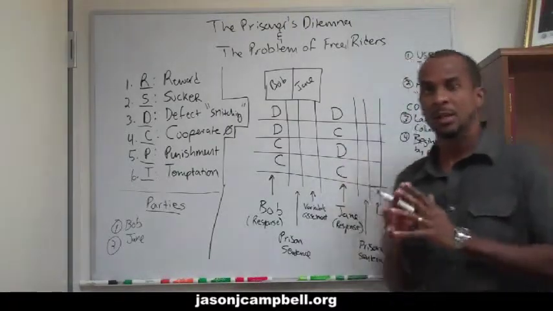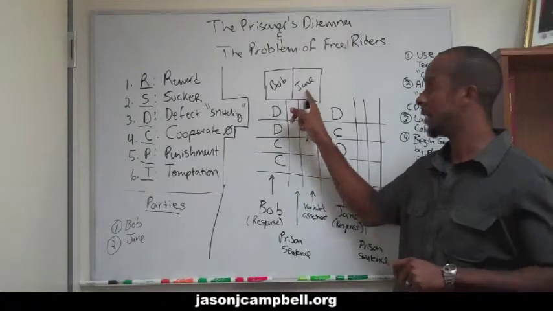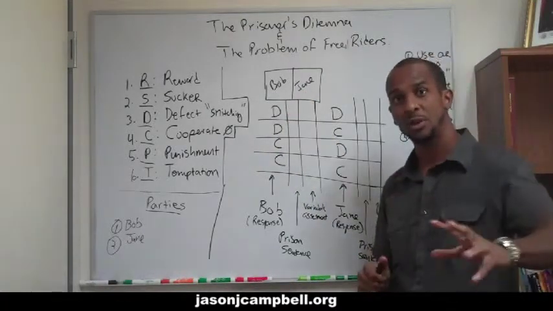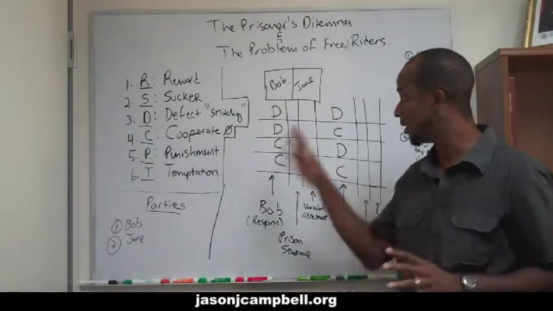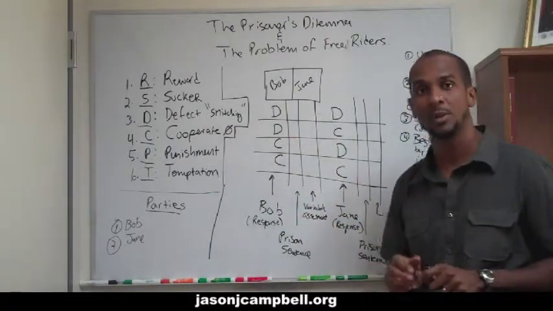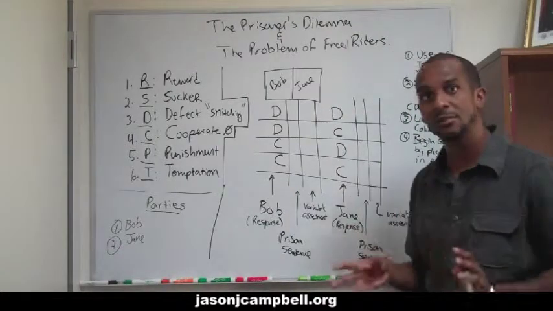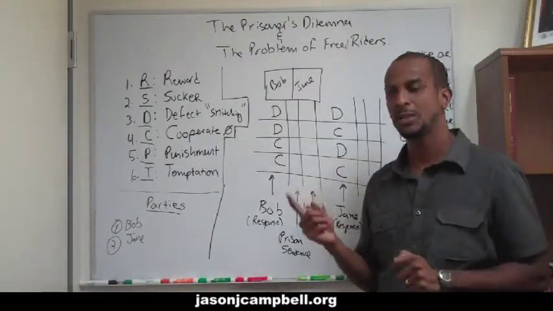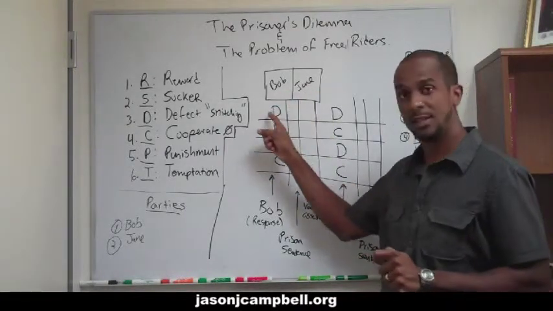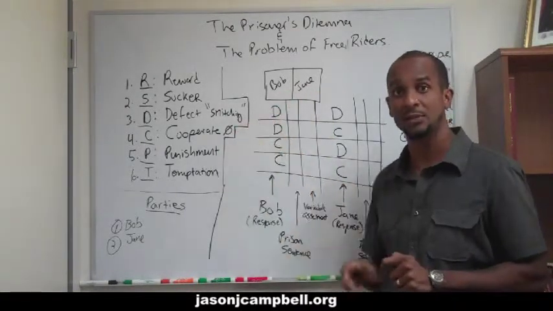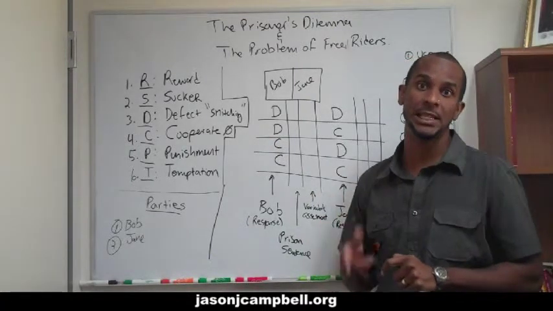All right. Now, imagine that Bob is asked about Jane, and Bob doesn't know what the consequences of the game will be. All that he knows is that no matter what he says about Jane, if he snitches on Jane, effectively he defects and snitches on her, Jane will not know that he did.